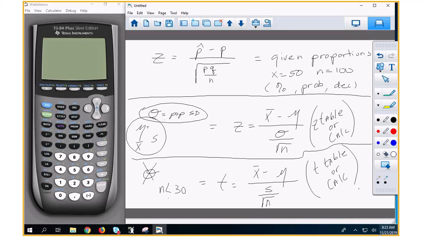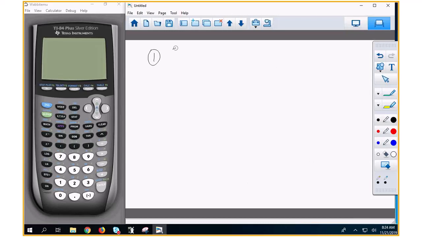Now, the second thing I want to talk about is what do you do when you actually start a problem? So these are the formulas you're going to use. Here's what you do when you start a problem. One, you state: you write down H0 and HA. Also, state what your confidence level or your significance level is, because the significance level is the complement of the what?